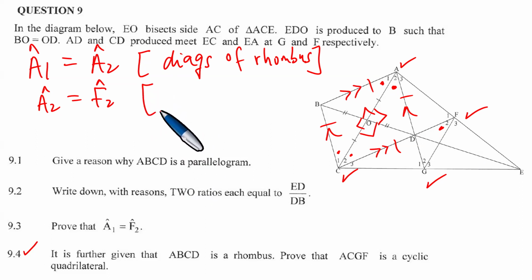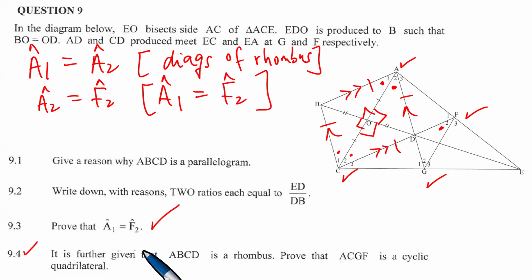The reason for that is that angle A1, we have already established this: the angle A1 is equal to the angle F2. We already know that A1 is F2, but A1 is A2.